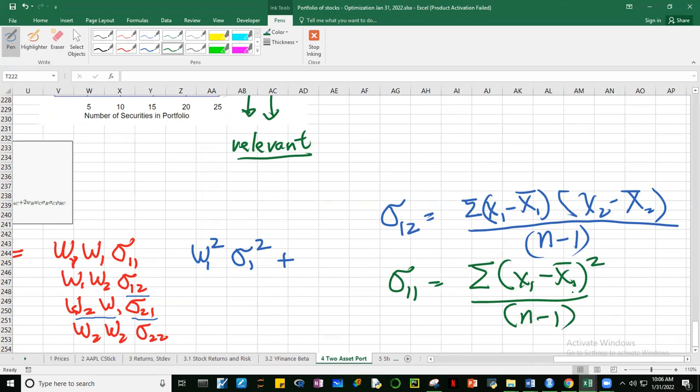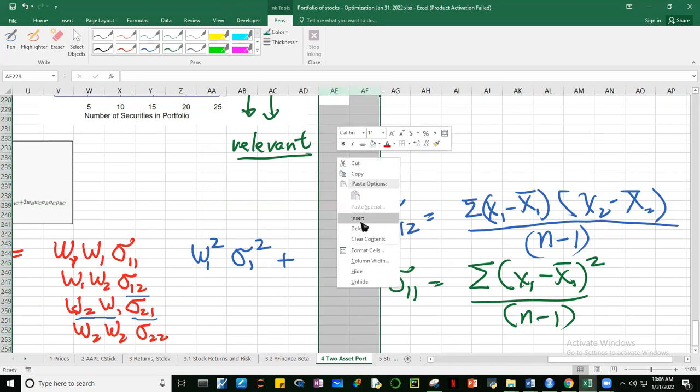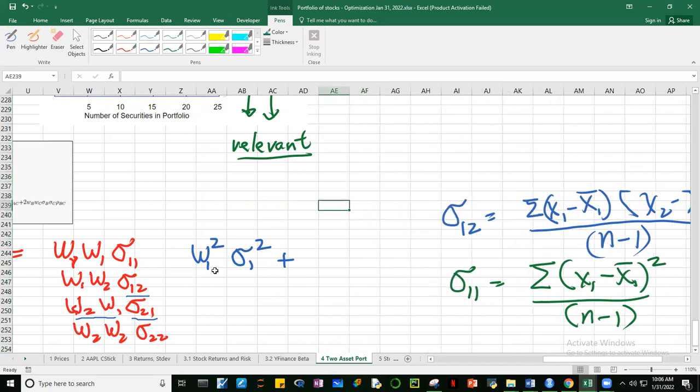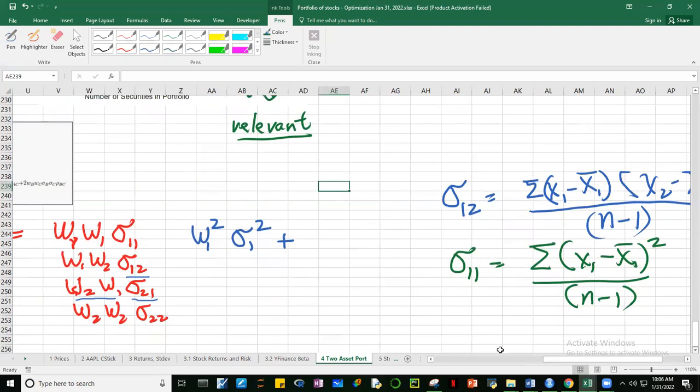Just to refresh us a bit about variance and covariance. So, ang mangyayari ngayon dito, guys, W1, W2, covariance 1, 2, W2, W1, covariance 2, 1, they're the same. Kasi pwede mo naman pagpalit yung order ng yung products nito eh, di ba?